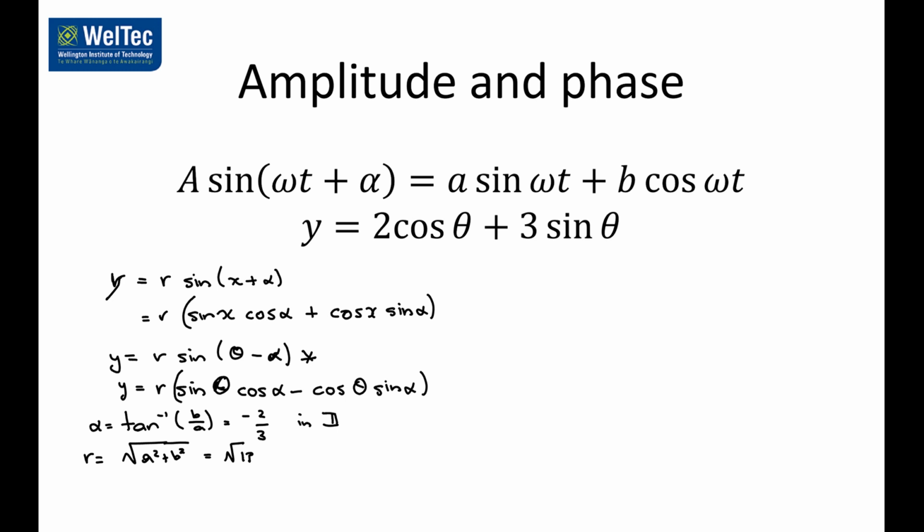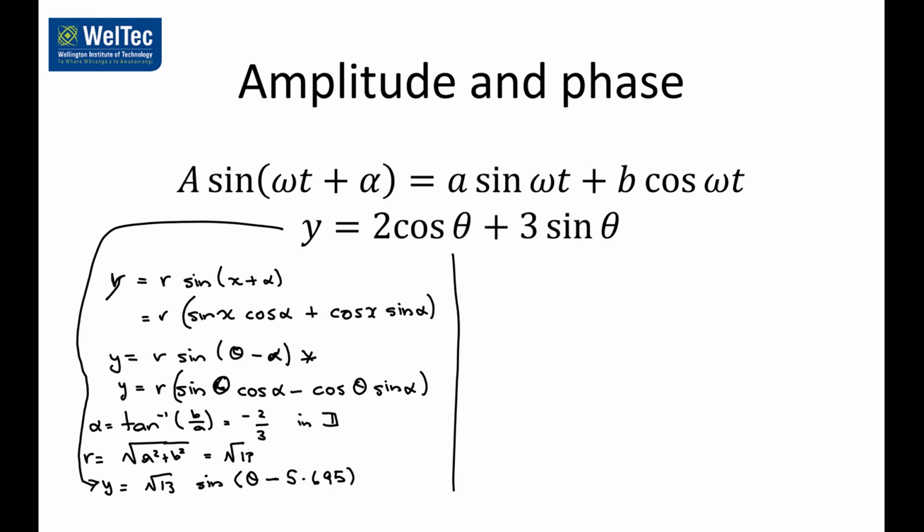Then we can rewrite 2 cos theta plus 3 sine theta as root 13 sine theta minus alpha, where alpha is 5.695. So we have rewritten that in a particular format.